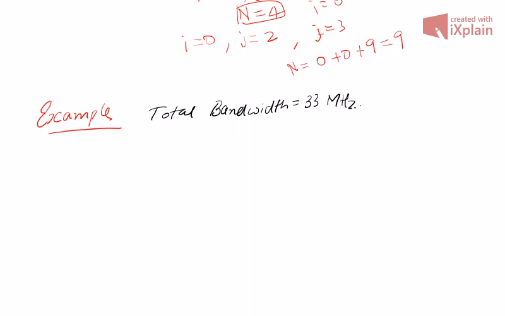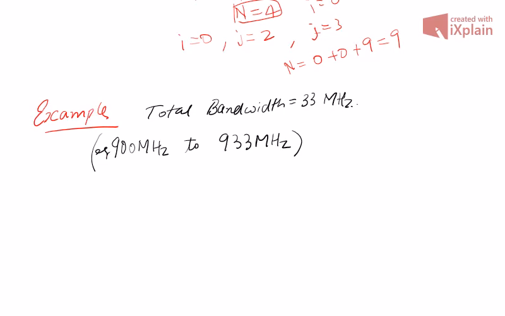Let me tell you what that means. It means that you may have 900 megahertz as the starting frequency, and then you can use frequencies up to 933 megahertz. That is what bandwidth means. It can be anything, for example 1 gigahertz to 1.33 gigahertz, which also has the same bandwidth.